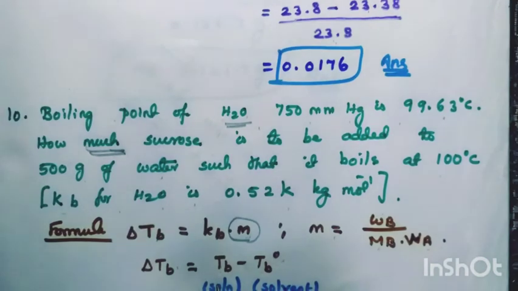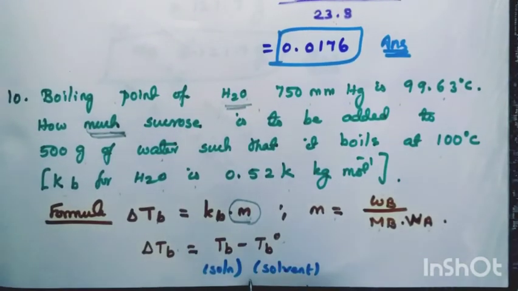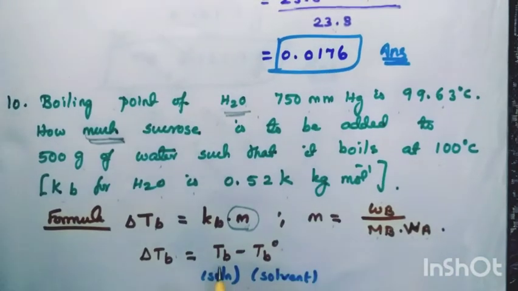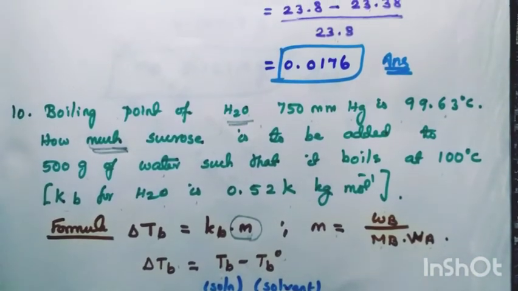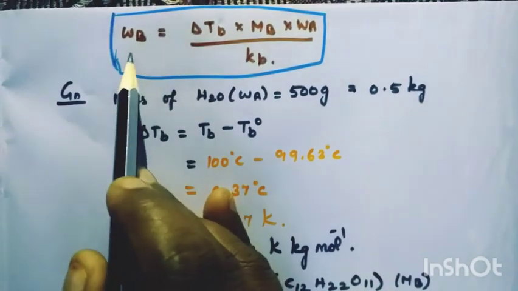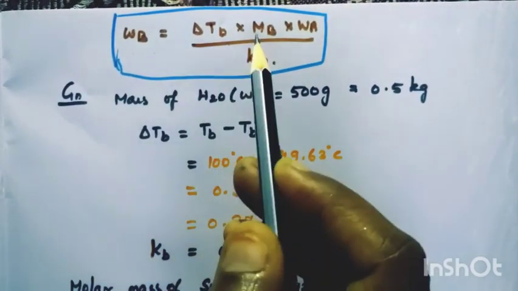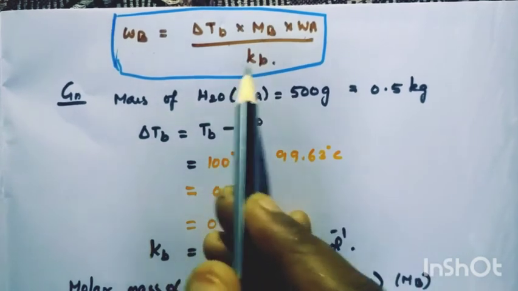TB is for solution, naught means solvent. So, we are going to use all these formulas to find the amount. And the amount formula is WB equal to delta TB into MB into WA by KB.